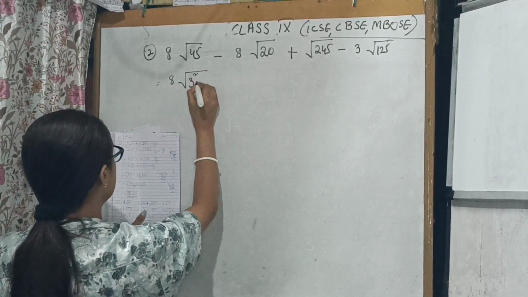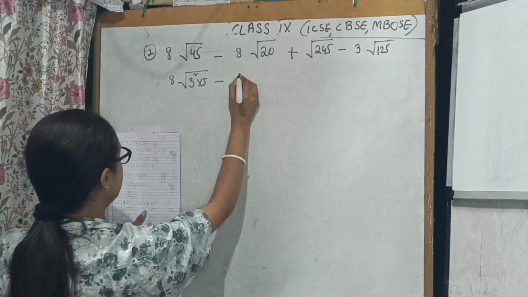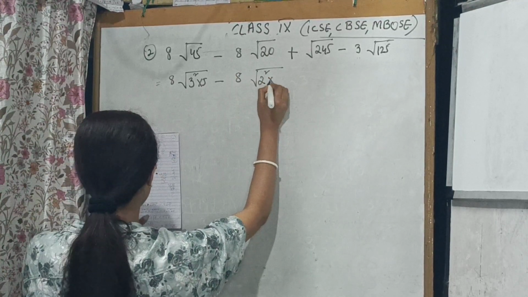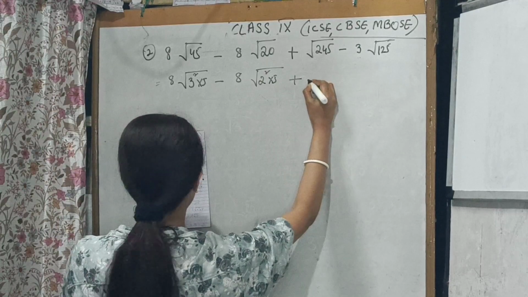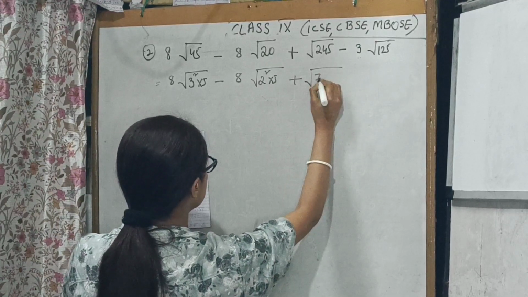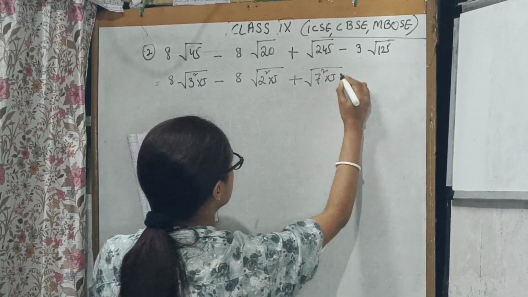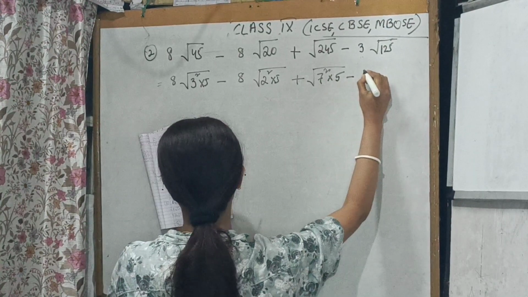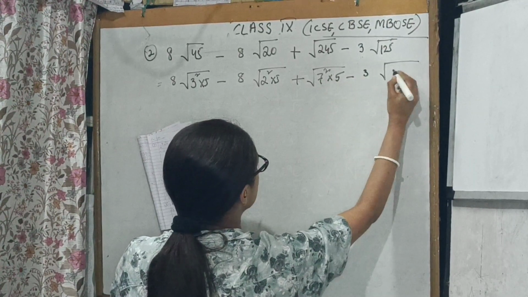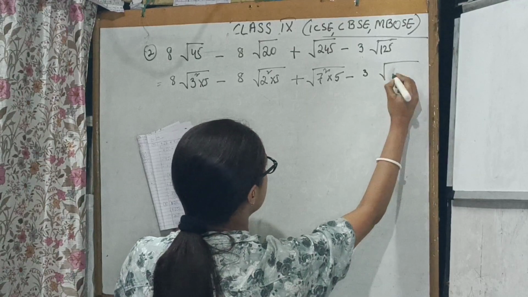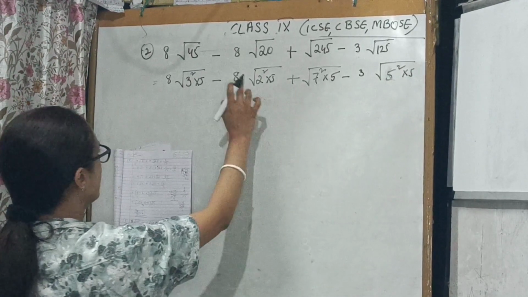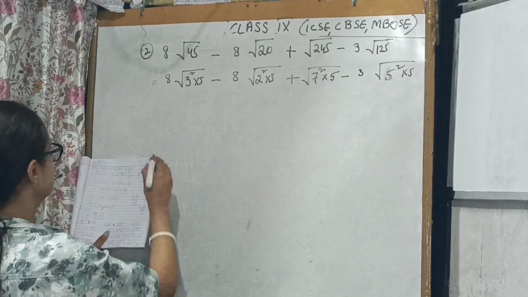This would be 3 square into 5 minus 8, 2 square into 5 plus 7 square into 5 minus 3, 5 square into 5. Square because it is a square root.